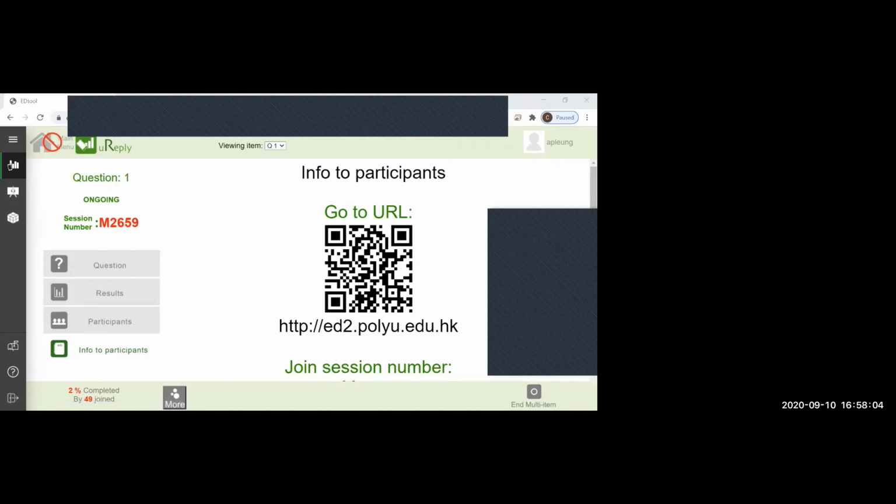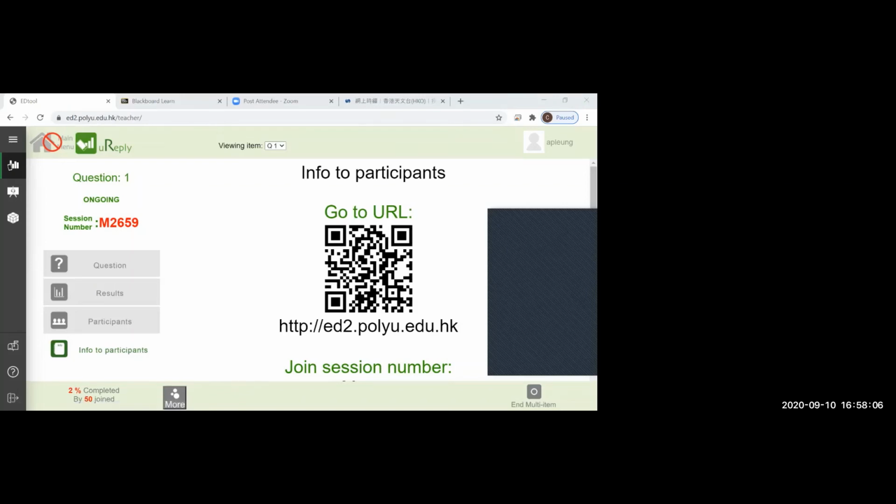And you have to use your serial ID. You have to sign in with your net ID.